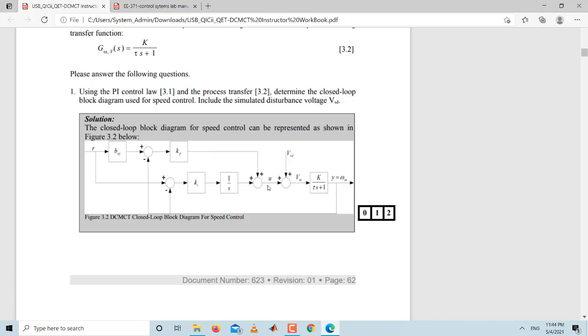So this is my control input. So this part on the left hand side is actually the equation 3.1.